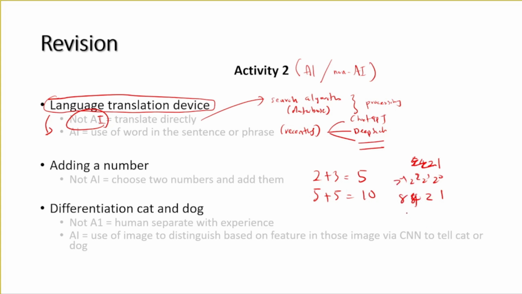The 2 is basically this plus this, and so on. This is what we call binary summation. So it depends on how it goes.